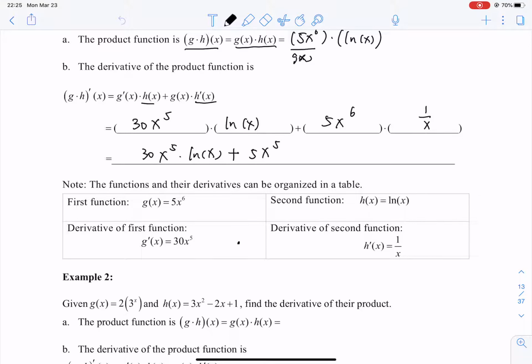The second function is there. So first we take the product of this term, then plus the first function right here multiplied by the derivative of the second function, this one. So you can draw this one to help you.